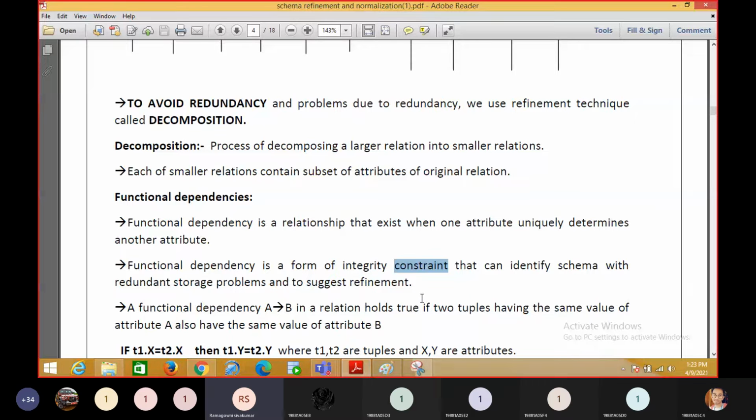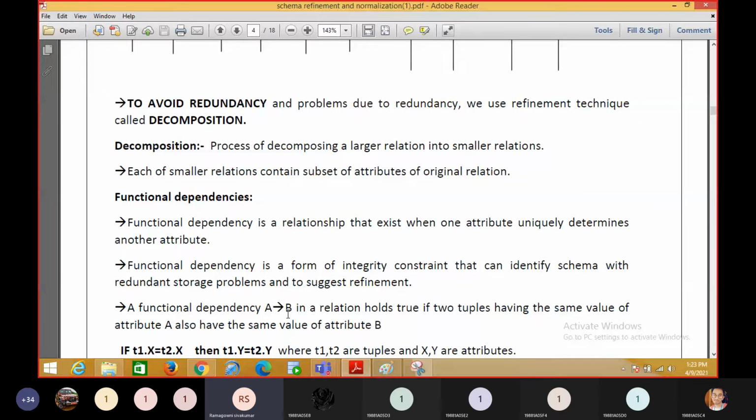So for functional dependency, see here, A tends to B, A determines B. That means B depends upon A. A is the big table, and B is the small table, with some attributes here.